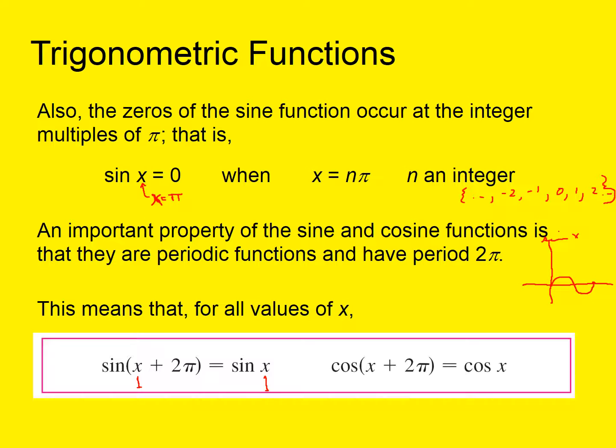When you get to 2 pi plus 1, which is maybe about right there, the output will be the same as it was for sine 1. X equals 1 right here. Then we had pi over 2. And cos also has the same periodicity.